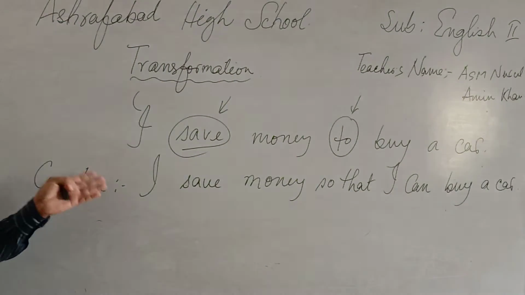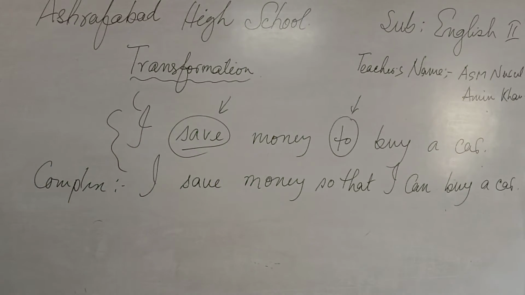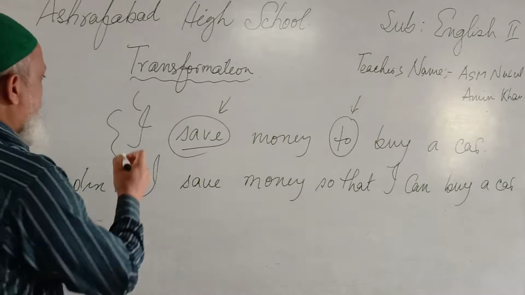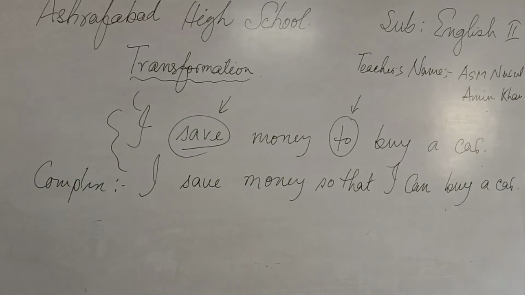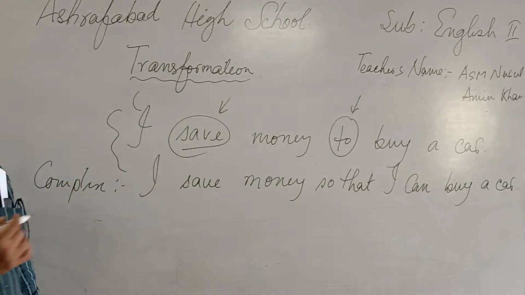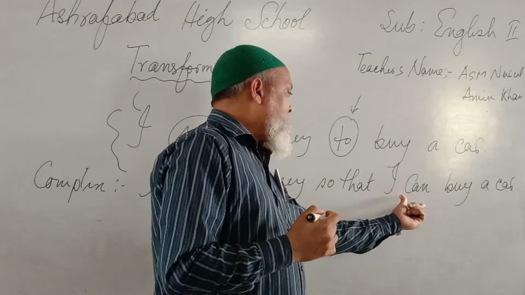And if we want to change these two sentences into compound, what structure will be given here? There I should give an and in the place of so that, and can will be changed.